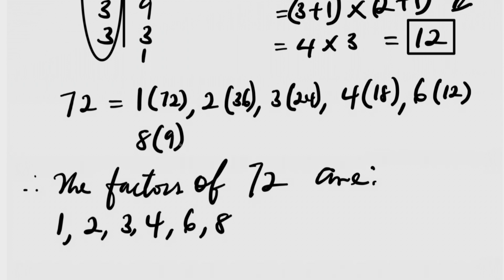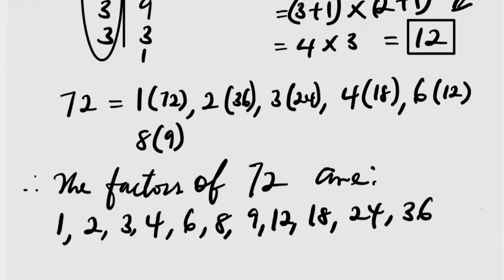Then we'll continue from there. We have 9, then 12, 18, 24, 36, and 72. So these are the 12 factors of 72.